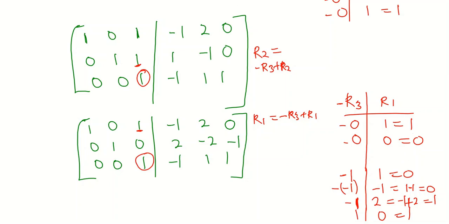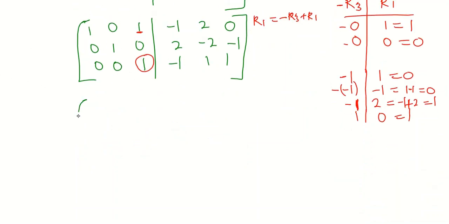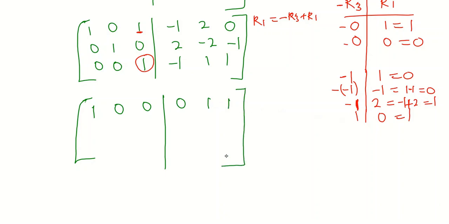And so we can write a new matrix as, in row 1 1 0 0 0 1 1, and we maintain the same values for row 2 and row 3.